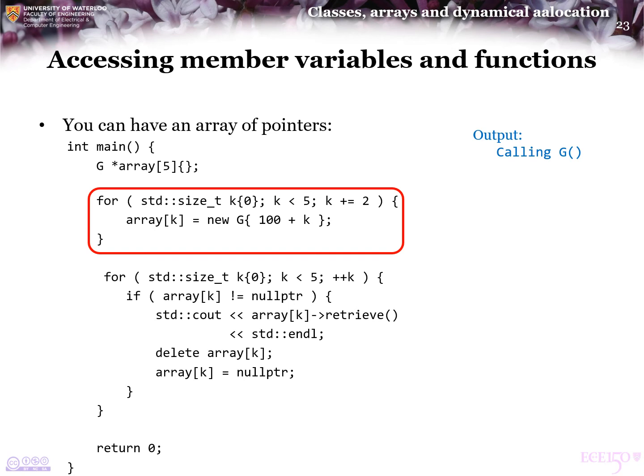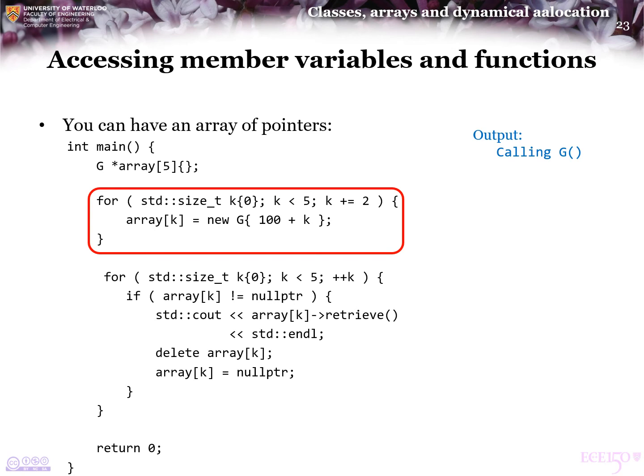So the constructor initializes that instance of G with the member variable being assigned 100. New then returns that address, and array index 0 is assigned that address. We do not change array 1, so that remains null pointer.